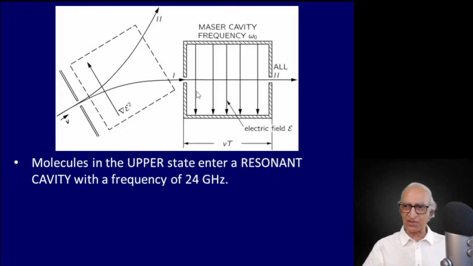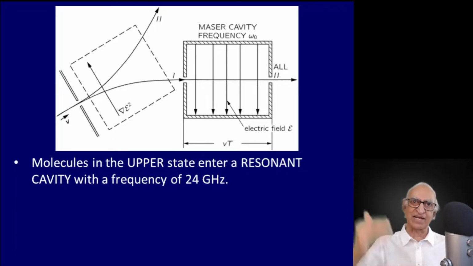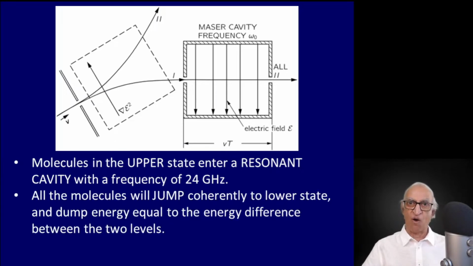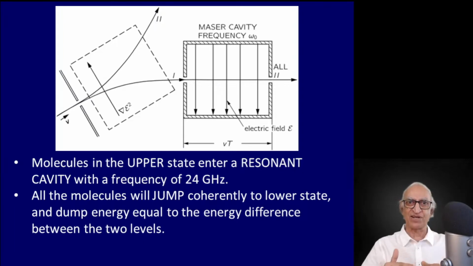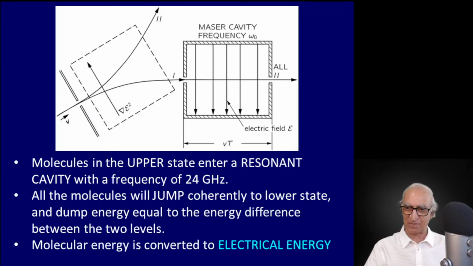So these molecules in the upper state, when they enter this resonant cavity, are irradiated by electromagnetic radiation at a frequency of 24 gigahertz, which corresponds to the energy level difference between the upper state and the lower state. All the molecules in the upper state will jump coherently to the lower state.